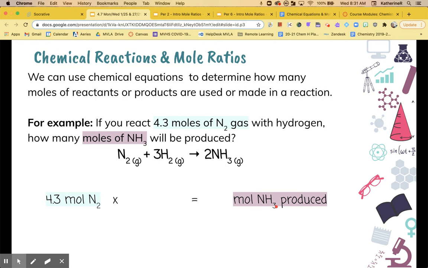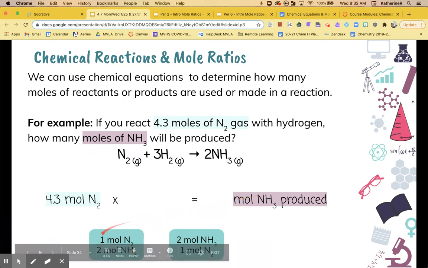So you should make sure that you get this example down in your notes, and feel free to pause at any point when you need to write something down or if I ask a question. Okay, so I'm going from moles of one substance to moles of another substance, so I need to use mole ratio as my conversion factor. And so I have here two conversion factors that I could use.